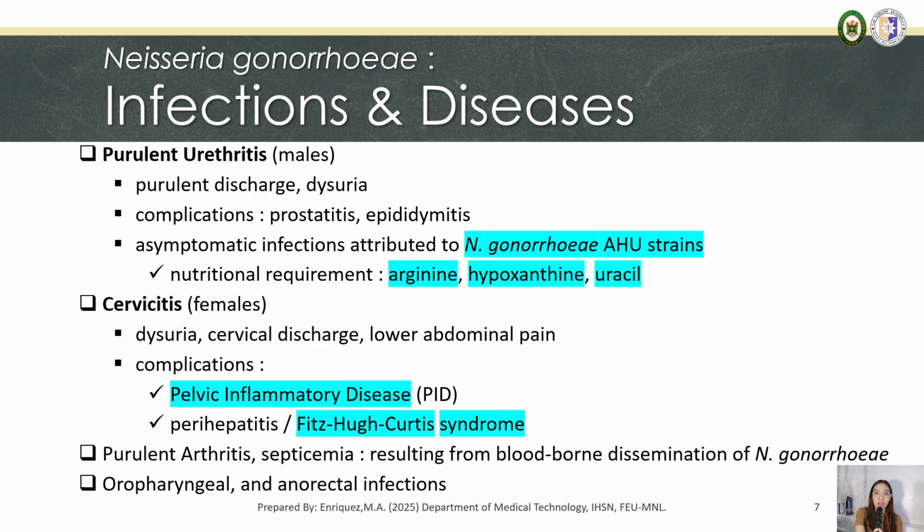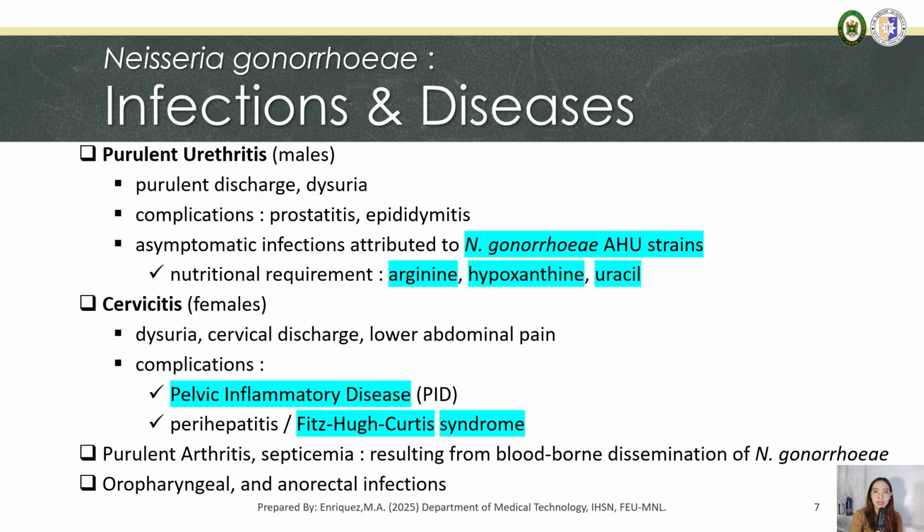Wala, 'di ba po? Wala silang nararamdaman, so hindi sila magpapa-check up at hindi rin sila magagamot. So the infection spreads upward starting from the urethra until it reaches all the other reproductive organs. So that's located at the pelvis. So again, that's what happens in cases of PID.